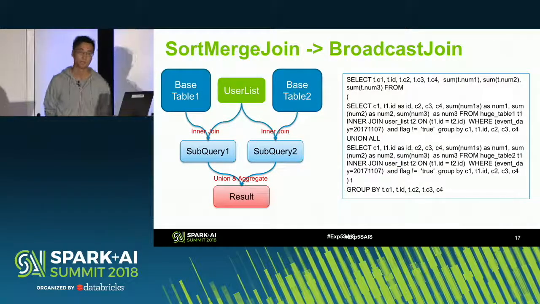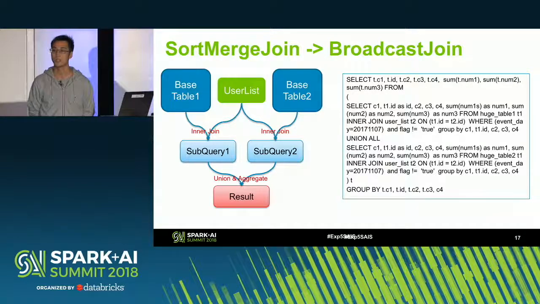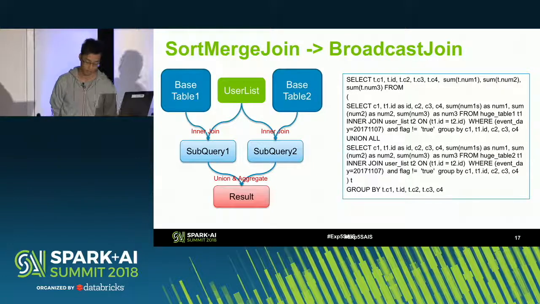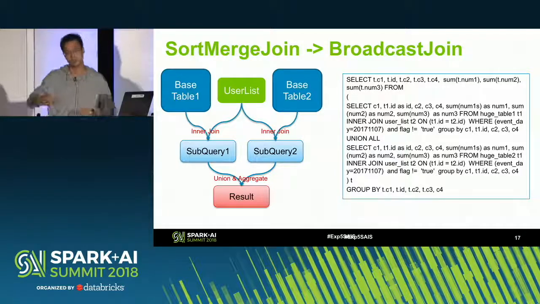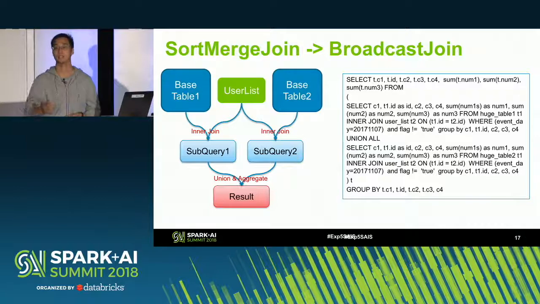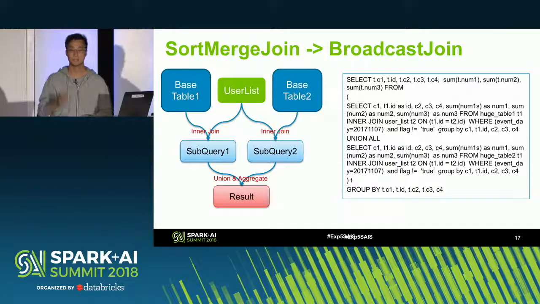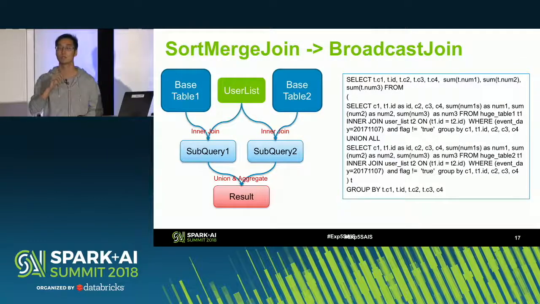These two tables have terabytes of data and maybe billions of rows. I also have a target user list. The user list is a special kind of table: a set of users. Mainly, this table has only one column and at most thousands of rows.